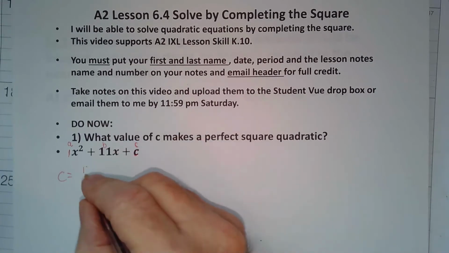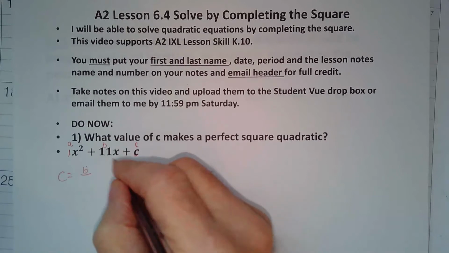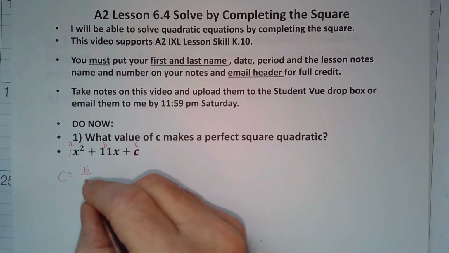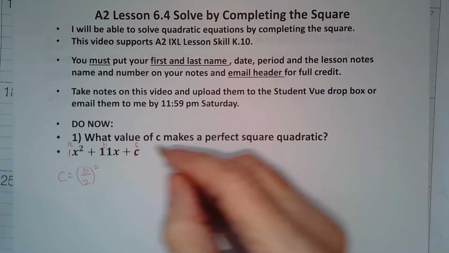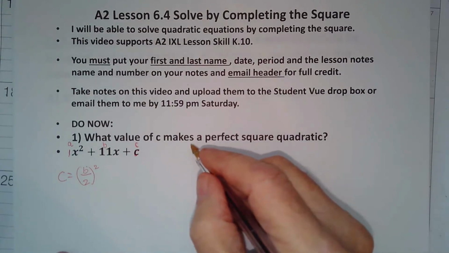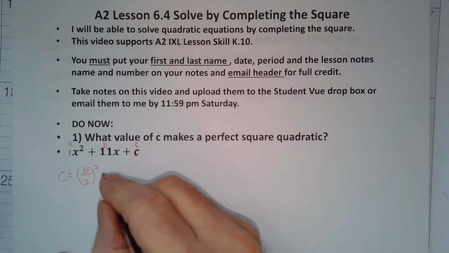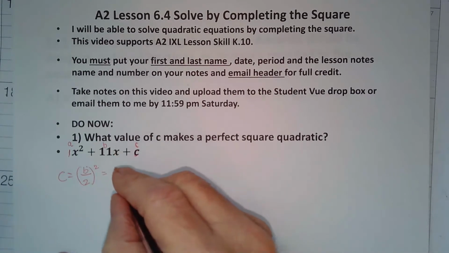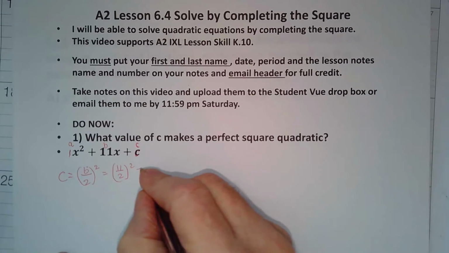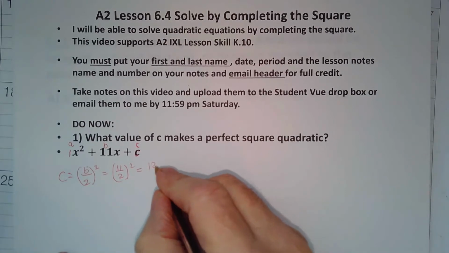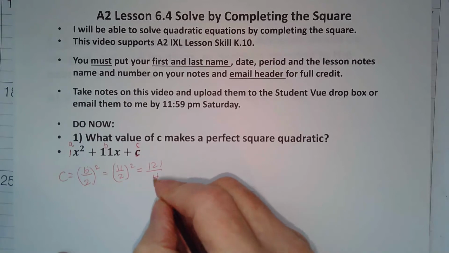We're going to divide that by 2. So b divided by 2, and we're going to square that. In this case, b is 11, so that would be 11 divided by 2, squared, which gives you 121 divided by 4.